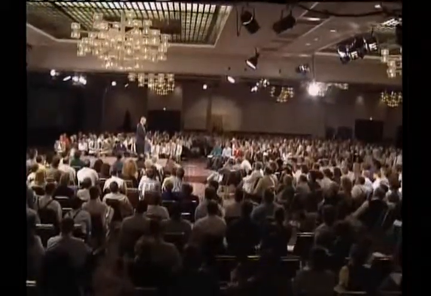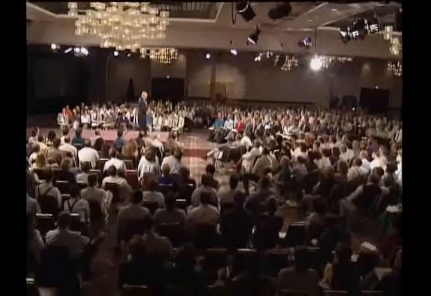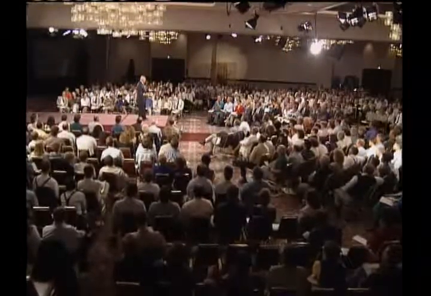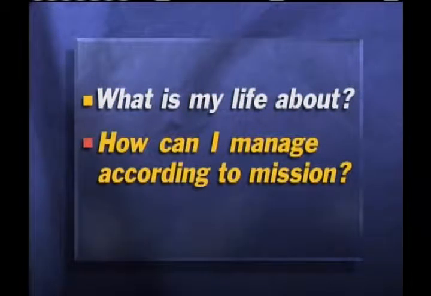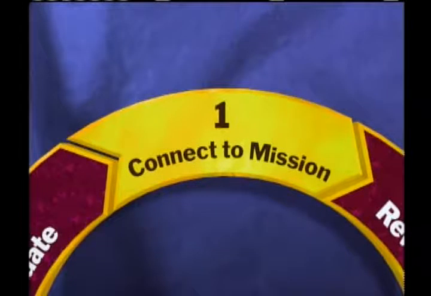You see, habit 2, begin with the end in mind, is the habit of personal leadership. It basically means to get a clear sense of what your life is about. Habit 3, you manage according to that leadership, according to that mission statement. That's why the first activity that you do is to connect to your mission.